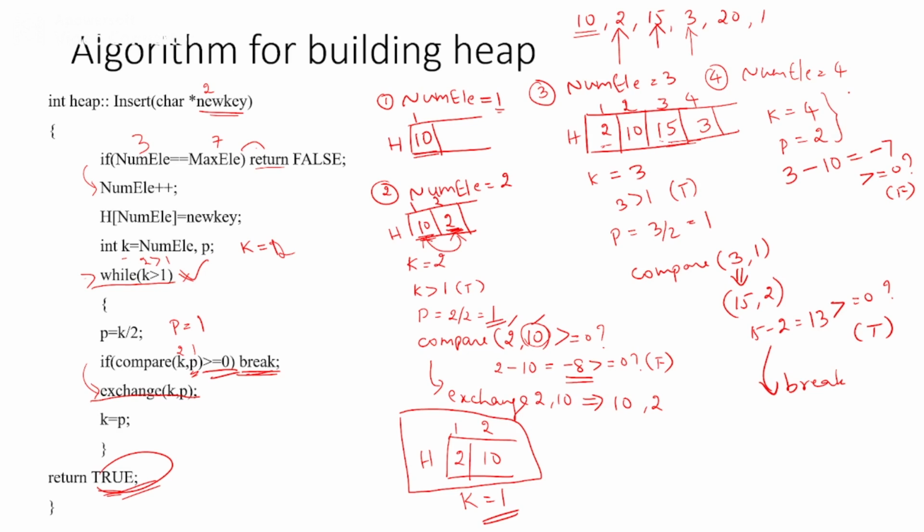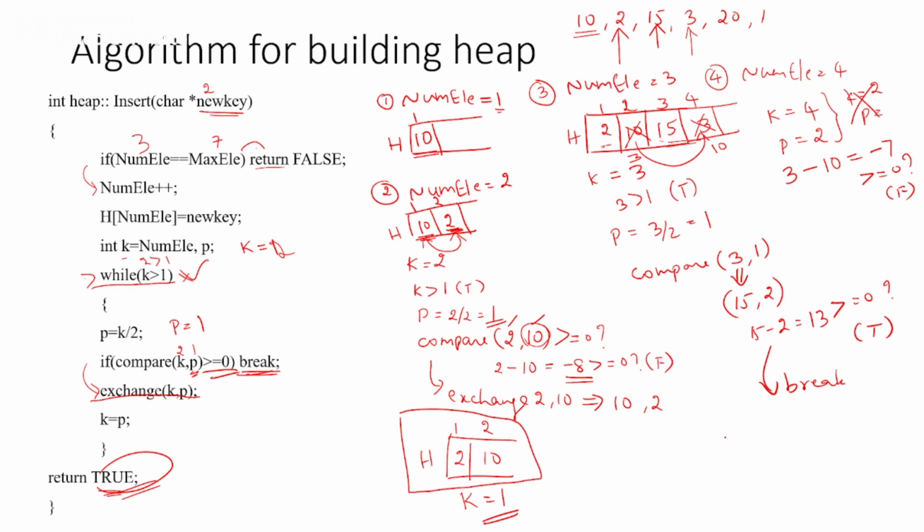Now what will happen? We are exchanging the values at k and p. In the fourth position you had 3, and in the second position you had 10. So I will exchange these two. Here you will get 10, here you will get 3.